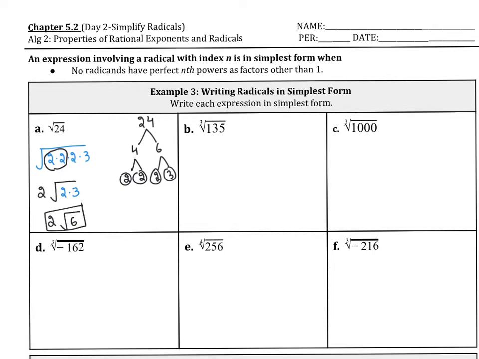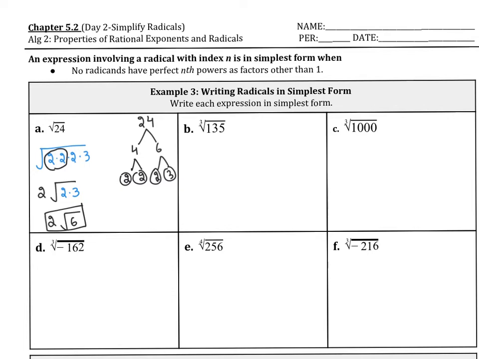For letter B, we are going to find the cube root of 135 and write it in simplest form. In this case, we need to have the same number 3 times. There should be a same number multiplied with each other at least 3 times to get out of the radical symbol.